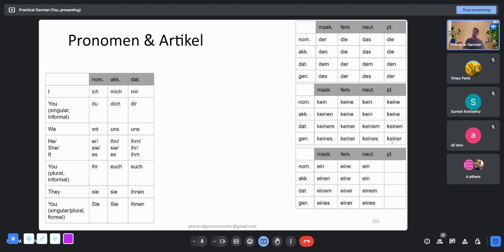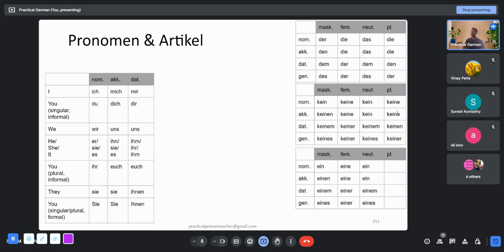Keiner. So also, if you think about it, this entire table, you can just add k everywhere. You can take the table for indefinite article, or unbestimmte Artikel, add k everywhere, and you will get this table. Again, of course, you have to add this column, but I hope you get the logic.